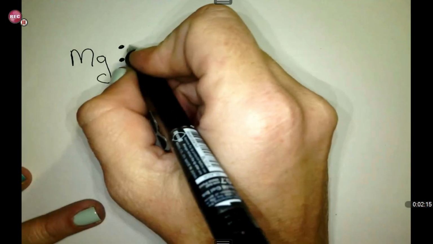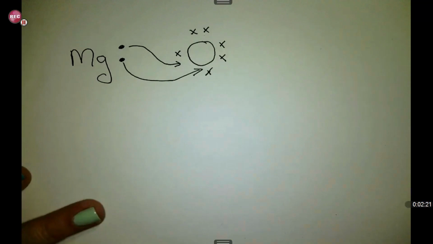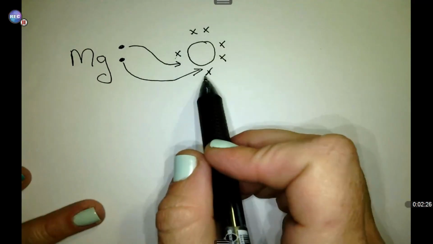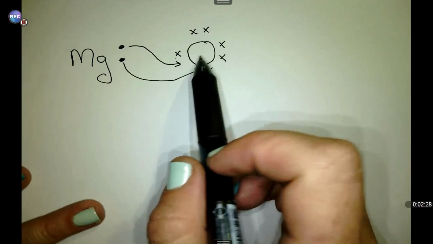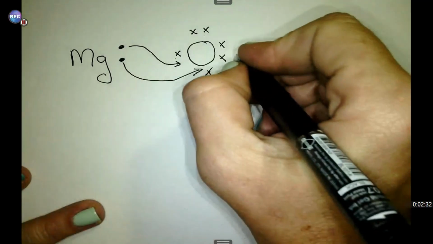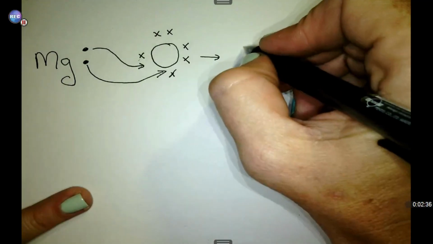Magnesium now donates its 2 valence electrons to oxygen. It is a metal. It transfers them out. Oxygen is the non-metal. It has space for another 2 valence electrons, and so when magnesium and oxygen bond, we get 1 magnesium and 1 oxygen.